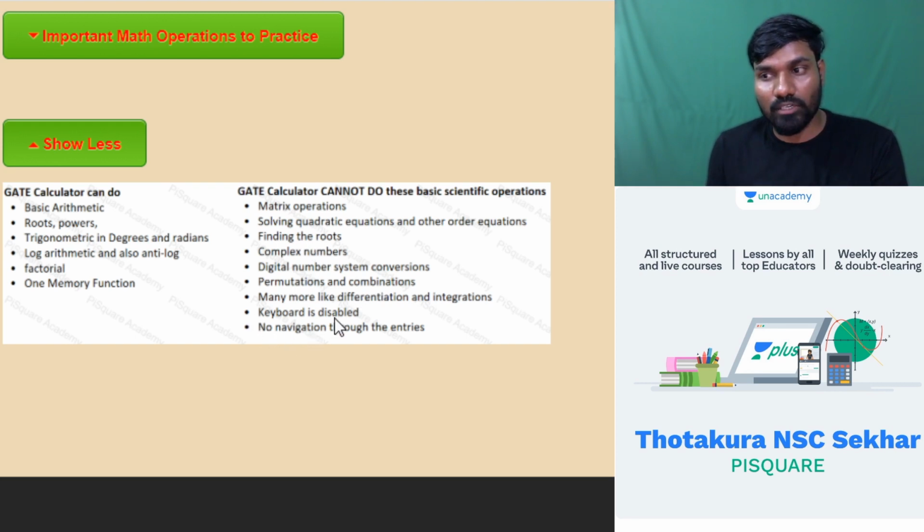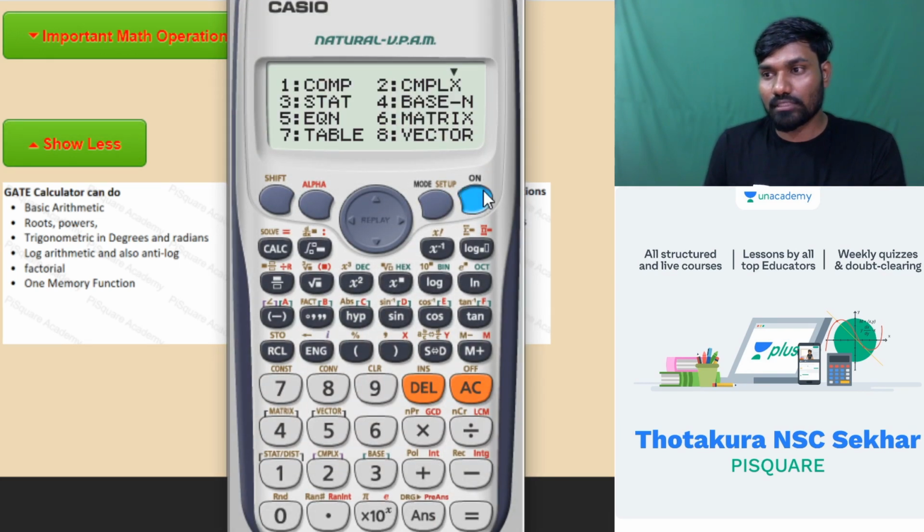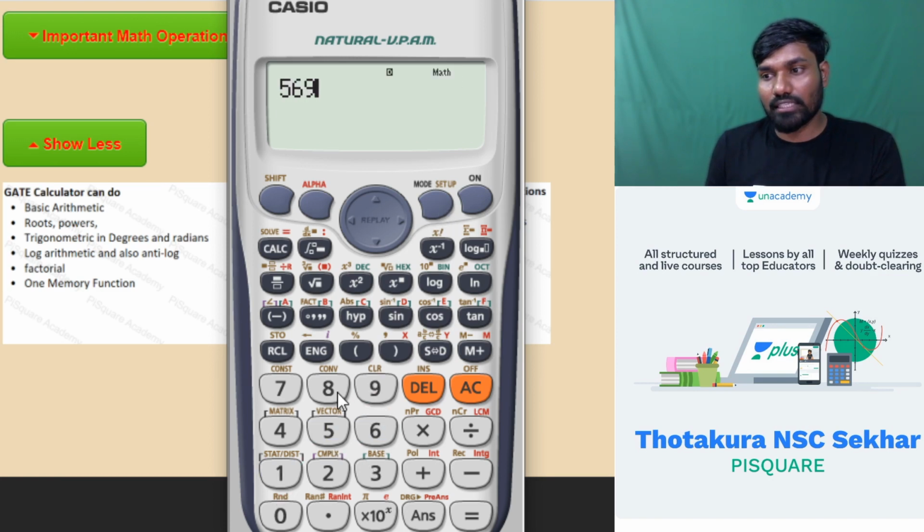Another important point you should remember is the keyboard is disabled. When you are using the GATE virtual calculator, don't ever try to press through the keyboard. The other one is no navigation through the entries. Suppose here I have something in the normal calculator, some value like 5, 6, 9, 8 entered.